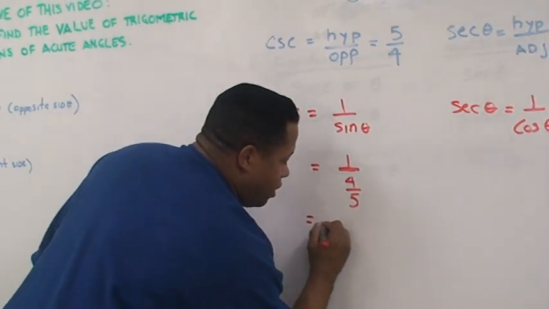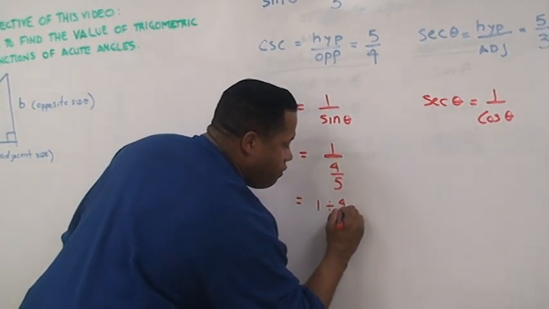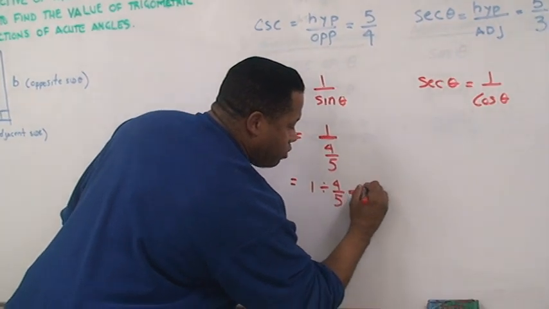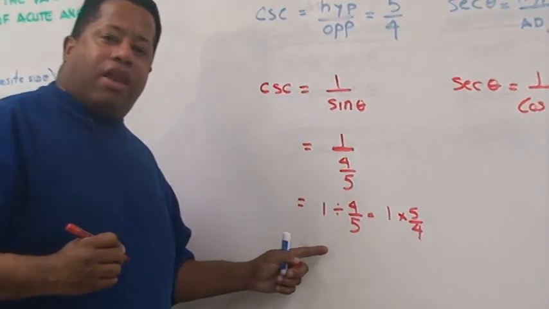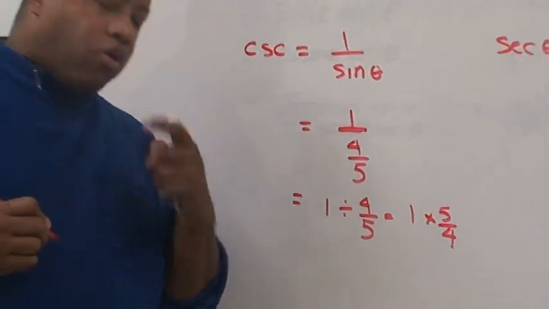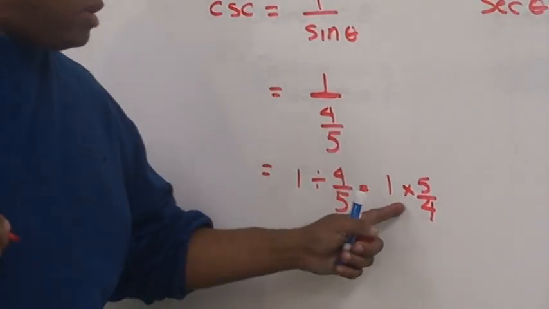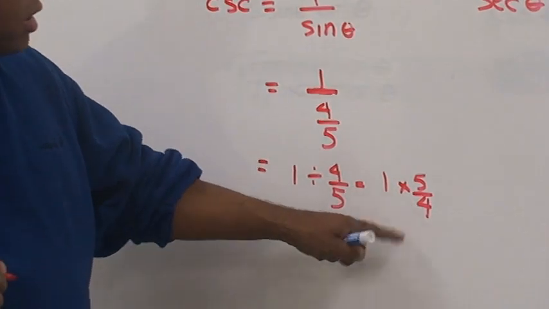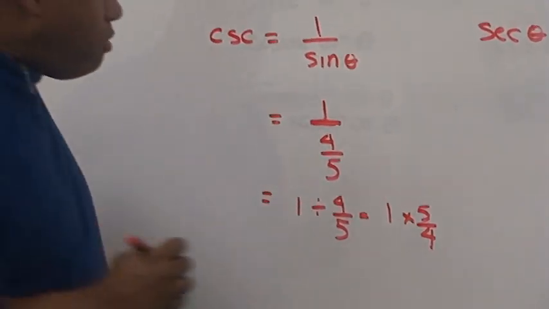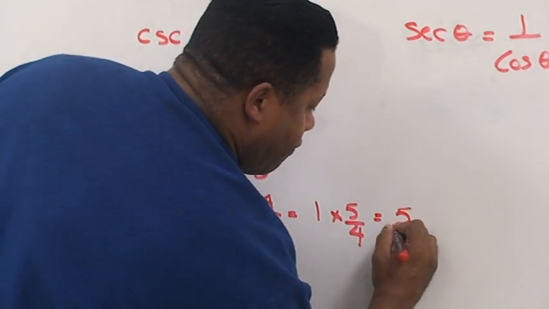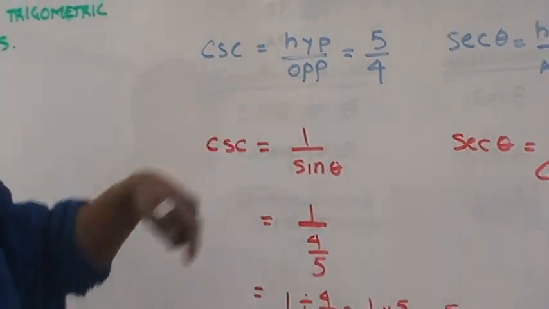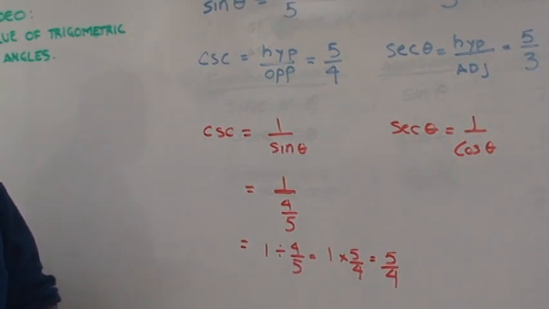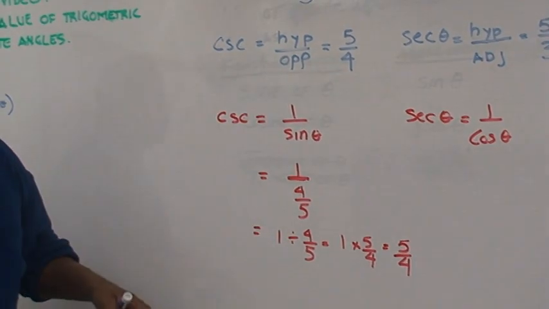Whenever you're dividing fractions, you change the operation symbol to multiplication and take the reciprocal of the second term. And this will be 5 over 4. So look, we get the same thing as the written out reciprocal identity here.